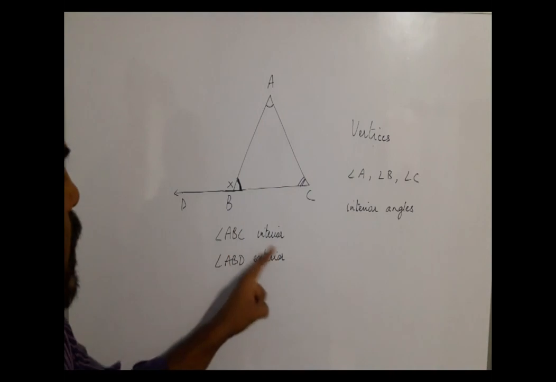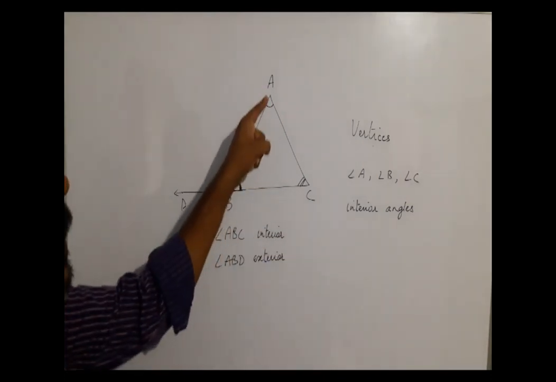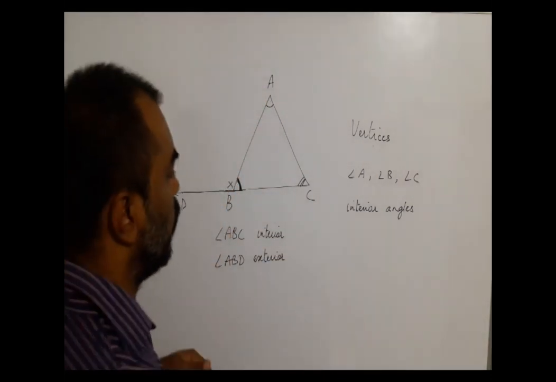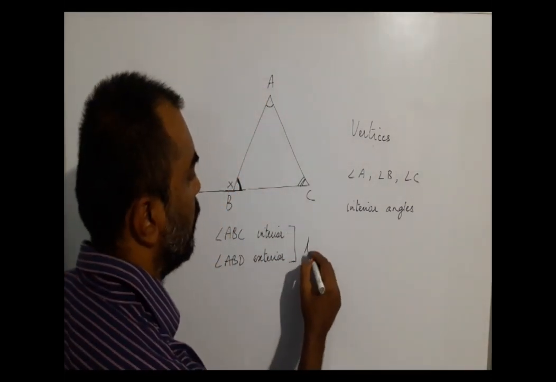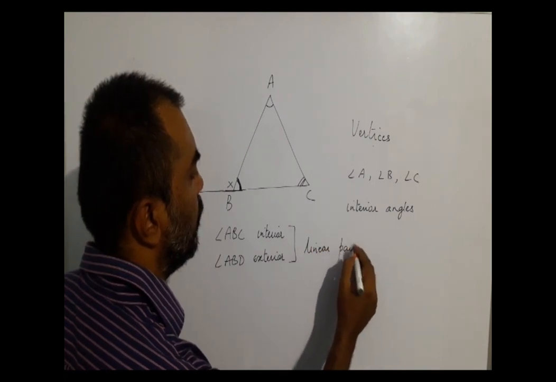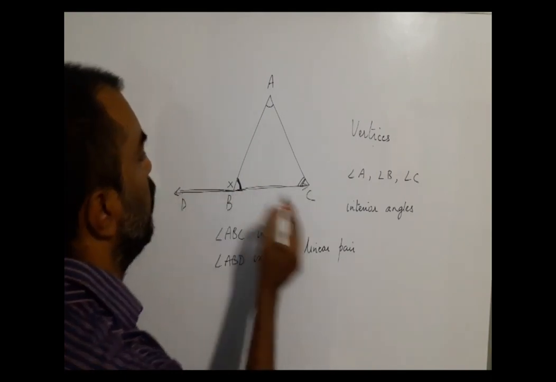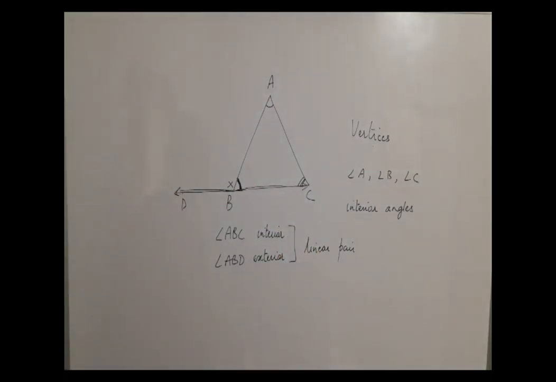Now what can you tell me about ABC and ABD? Can you figure it out? Angle ABC and angle ABD form a linear pair, because this ray and this ray are exactly opposite. So what do you know about a linear pair?